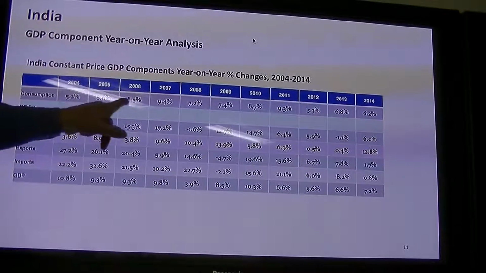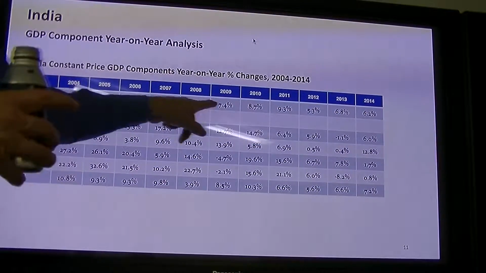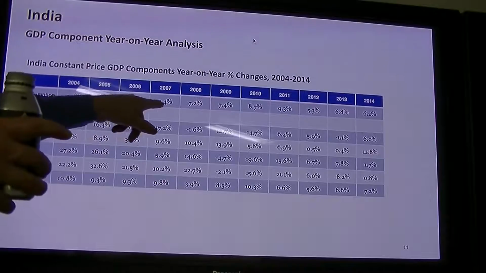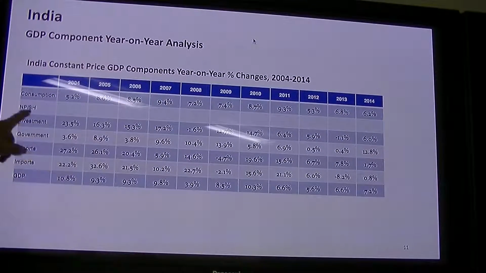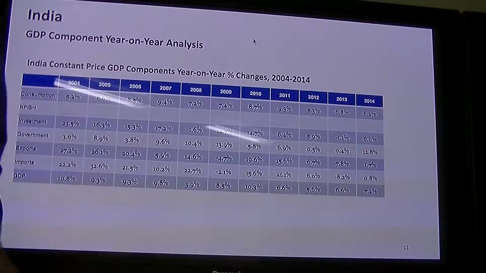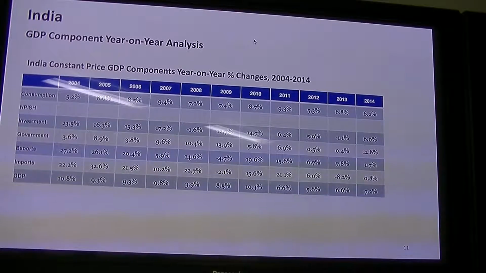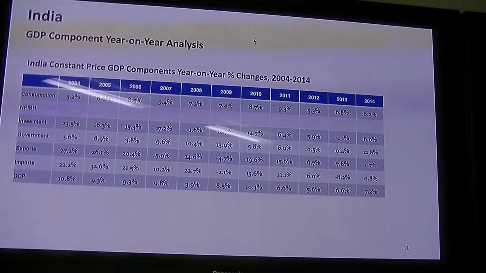Consumption is fairly steady, 6, 7, 8, sometimes 9% growth. The real rapid growth, as you can see, was driven by investment income, by investment in infrastructure, in business.